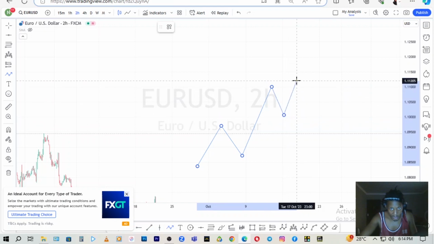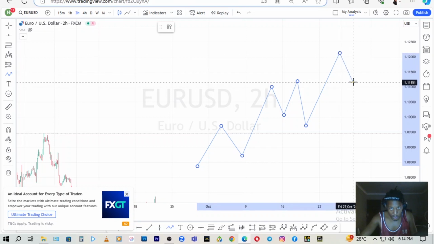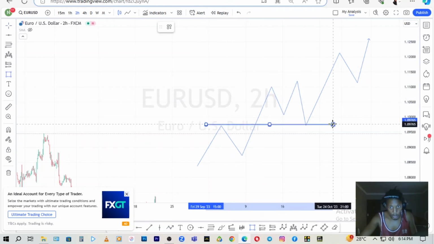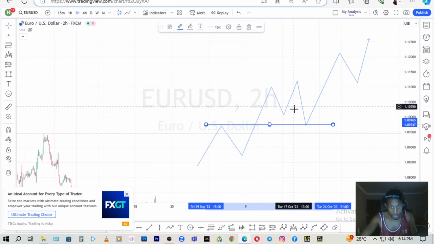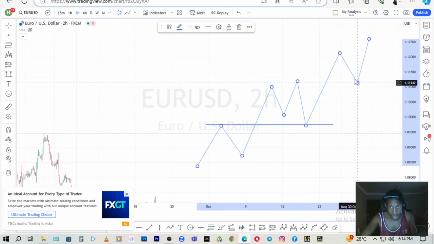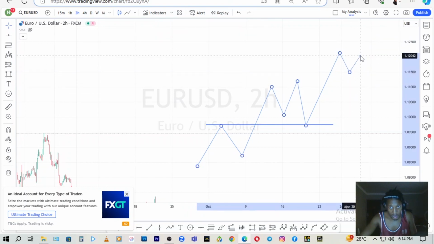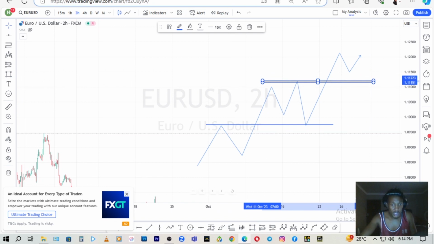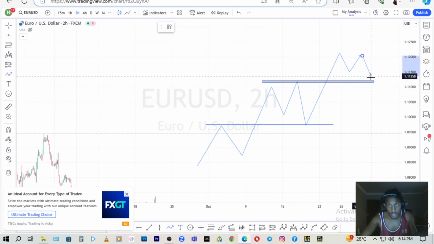It will normally come back to the zone if it broke it. So I wouldn't enter off this level, I would enter here. I wouldn't enter if ever the market never got to this level. Remember, I use this on the smaller time frame. I would wait for the market to come here.